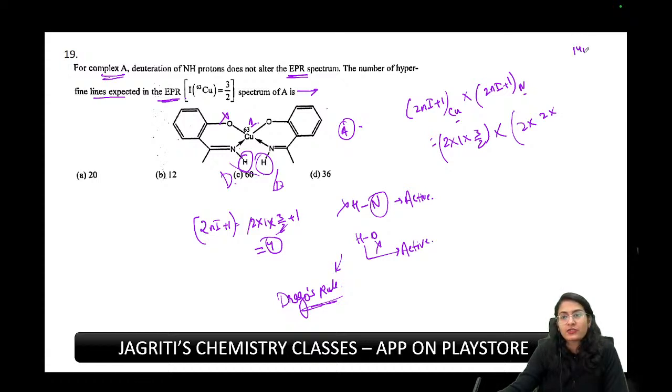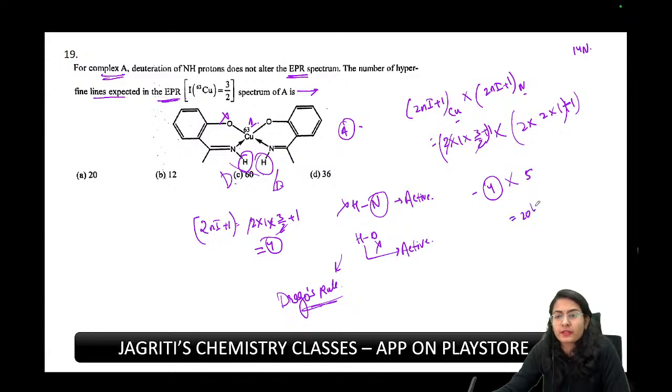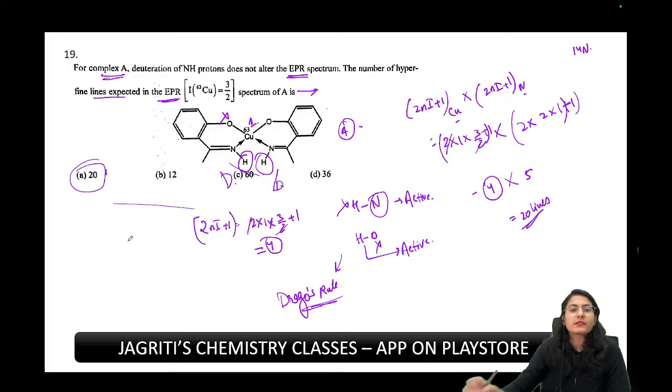So ये 14 नाइट्रोजन है, that's going to be 1 I guess, plus 1. All right, A is the correct answer, 20. तो बहुत easy question था, Drago's rule लगाया हमने.